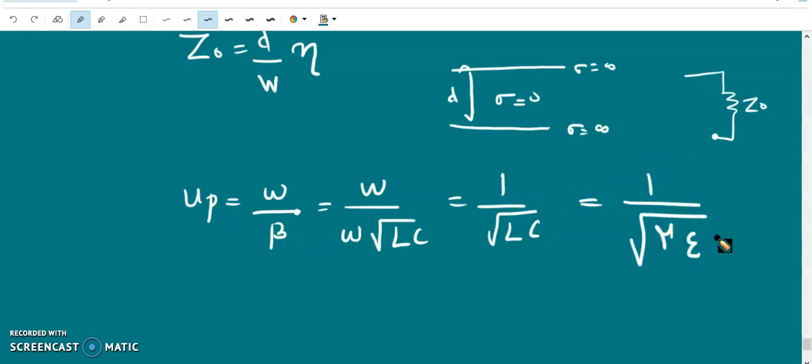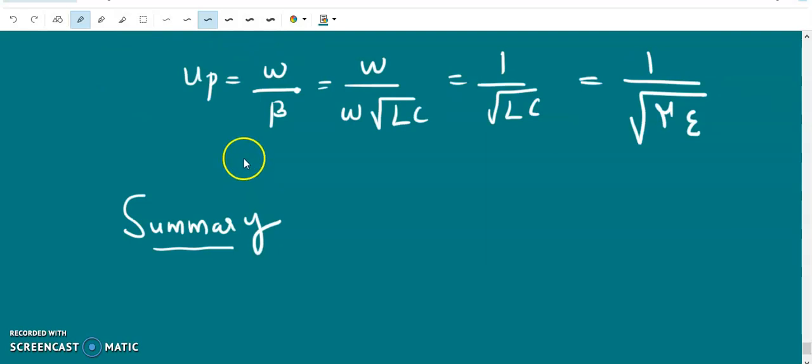So the velocity of propagation is the same as the phase velocity of a transverse electromagnetic wave in a dielectric medium having permittivity epsilon and permeability mu. So the phase velocity of the parallel plate transmission line is the same as in an unbounded medium.